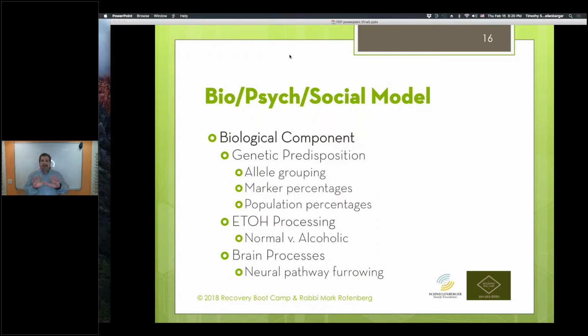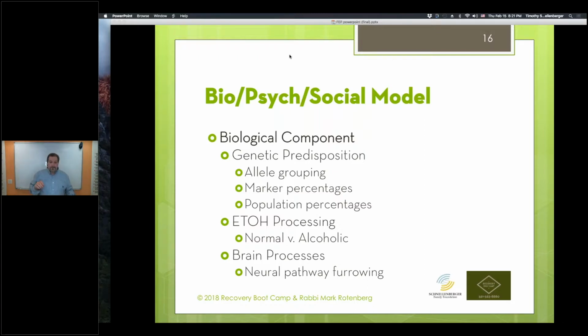So of these seven markers, if at least four are in an open position, open versus closed, then the probability that these people become active addicts or alcoholics in adulthood is around 80%. So there's some interesting numbers.